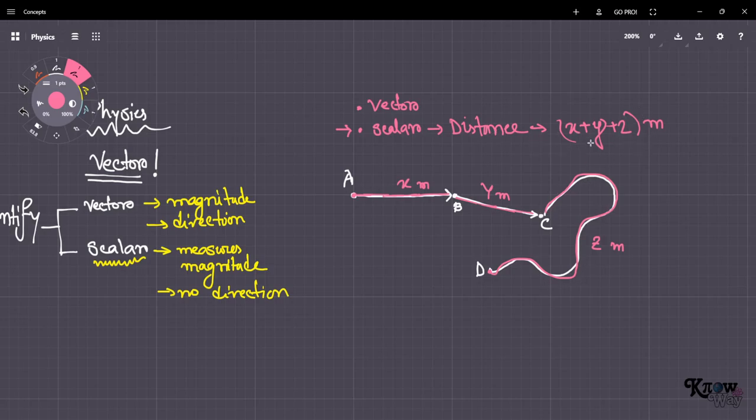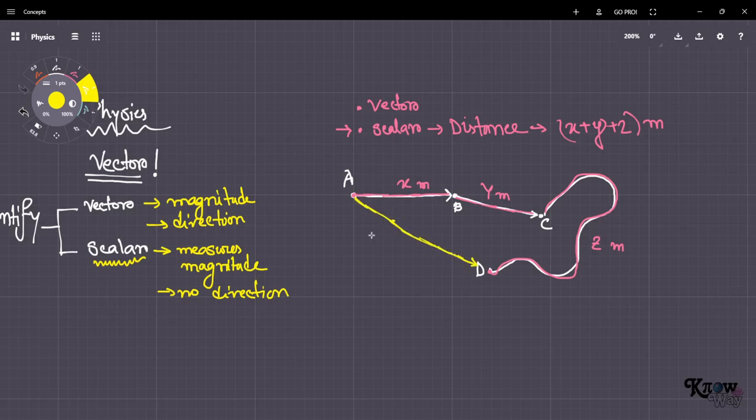In your Apple Watch or so, you'll see the steps it measures, how much you have walked. So that's distance. But you can also ask, what's our position from A? How far are we from A?